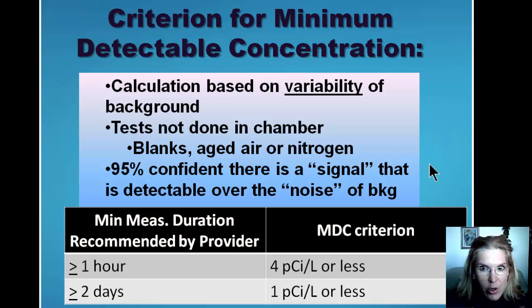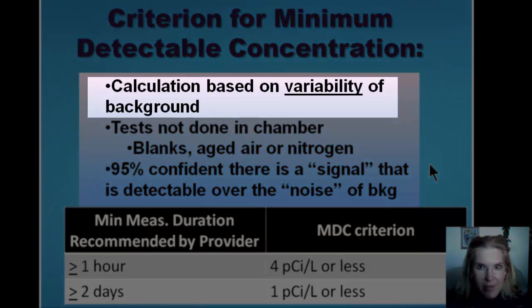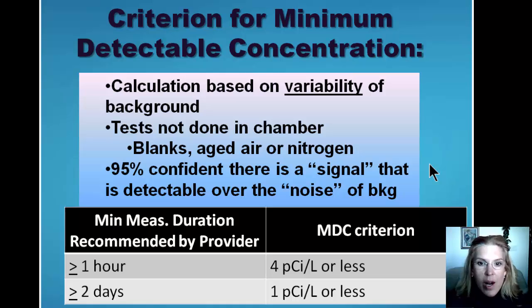Then we get into a bit more nitty-gritty with the minimum detectable concentration. MDC, minimum detectable concentration, is based on the variability of background. Because if, for example, you have a background that's very high, but it's totally stable, it's always 100 millivolts, say, then there's no problem because you always subtract off 100 millivolts. And you can have a really low minimum detectable concentration because your background is very stable.